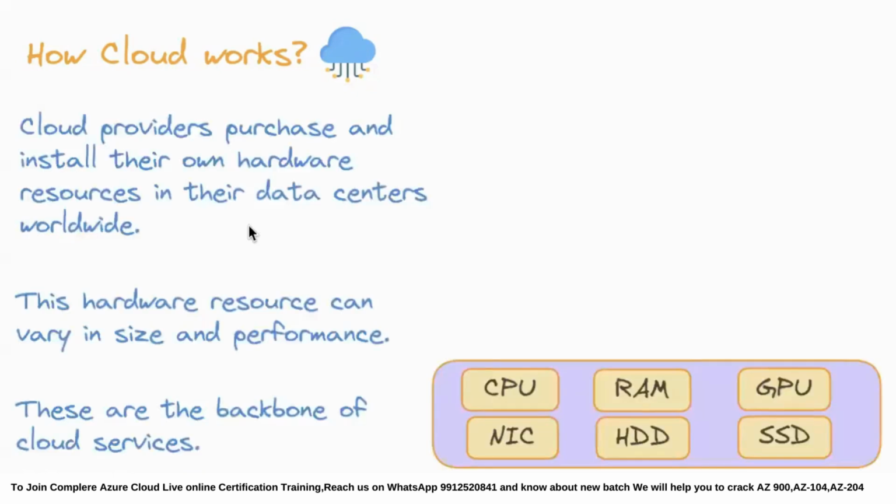Now what they will do is, as I said, Microsoft, Amazon, Google, Alibaba, Oracle, and all, they will buy a bunch of hardware devices. For example, virtual cores of CPU, RAM, GPU, network device cards, firewall devices, load balancers, hard disks, SSDs, HDDs, and all.